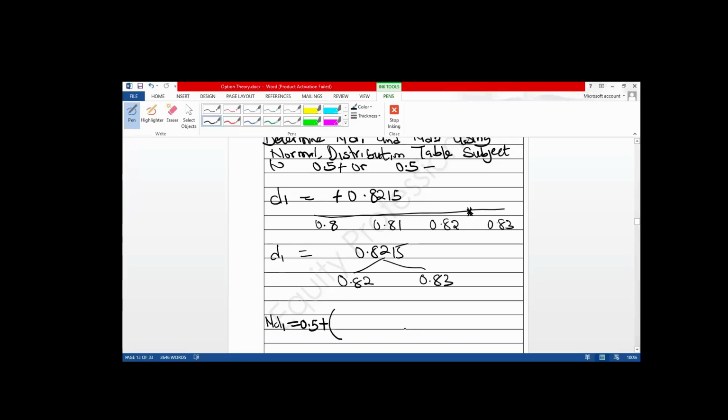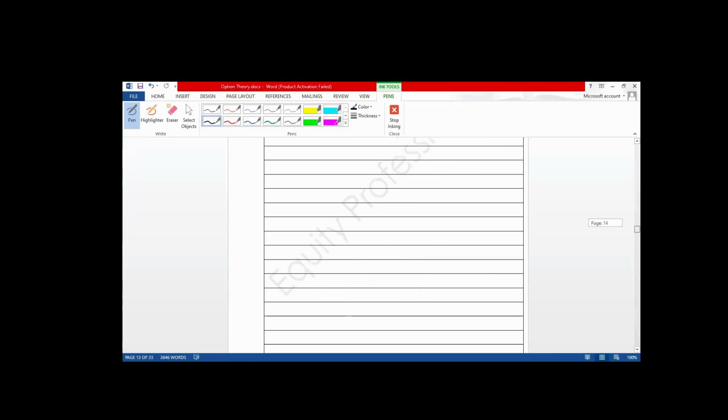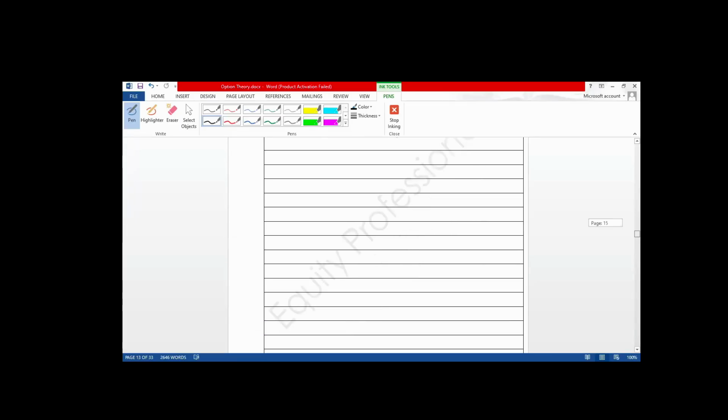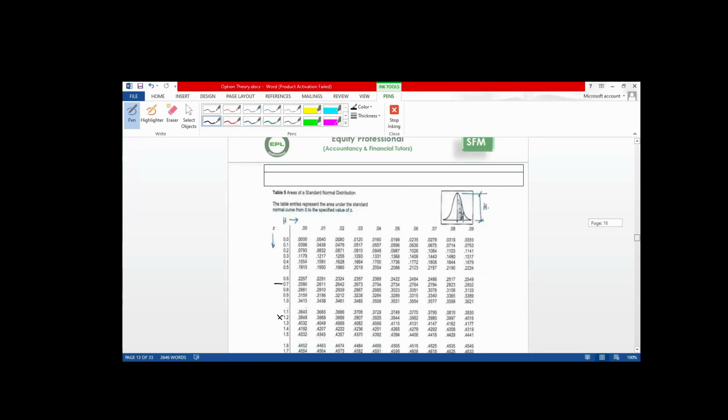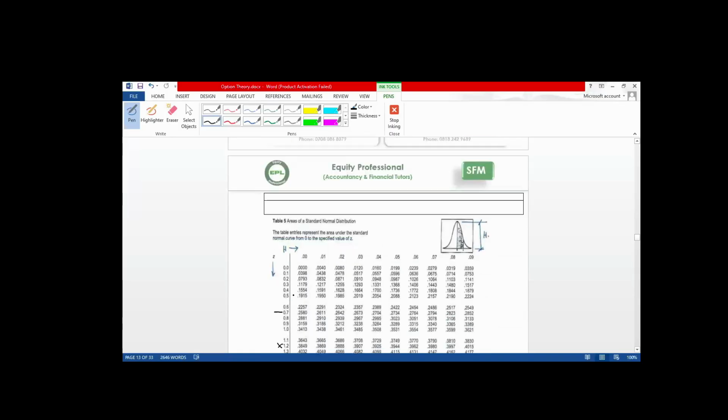Now let's go to the table. We need to check 0.82, the range you have established. Now look at the table.